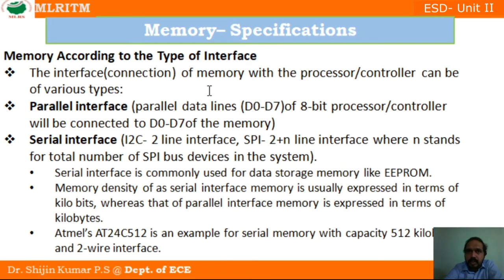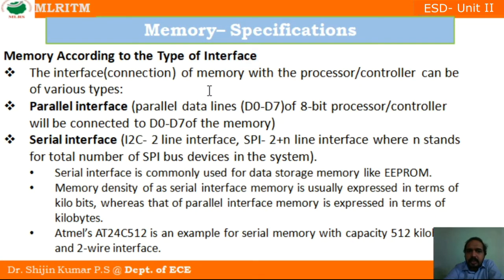It depends on the word size of the processor. Parallel interface is the fastest type of interface. It can transmit many bits within a clock cycle. That is a peculiarity of parallel interface. Parallel interface is always fast.